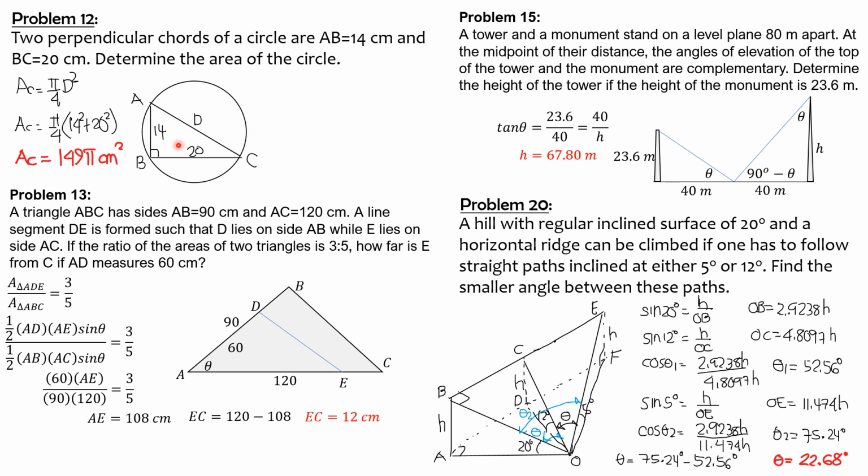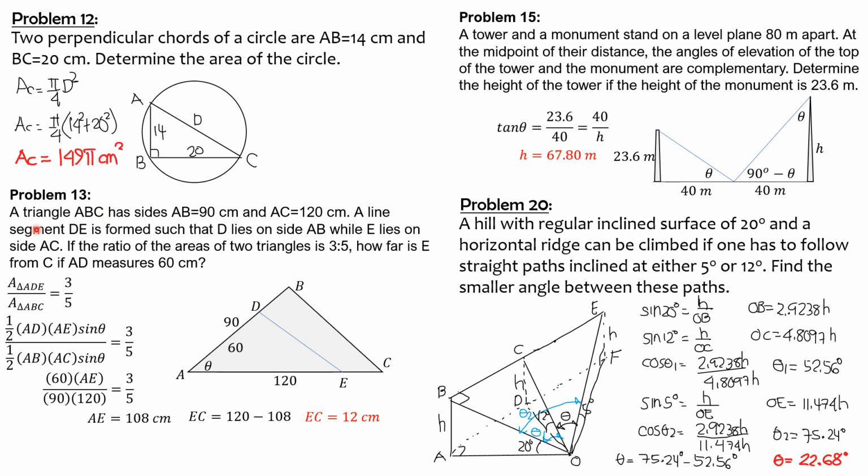I will prove that in plane geometry. So therefore, the area of the circle is pi over 4 diameter squared, where diameter squared by Pythagoras theorem is 14 squared plus 20 squared. So pi over 4 quantity 14 squared plus 20 squared, that's 149 pi.